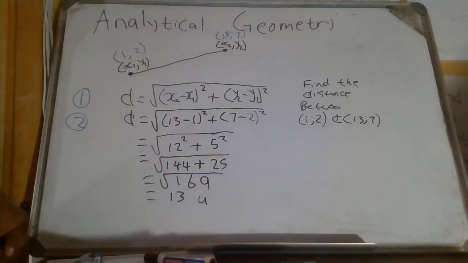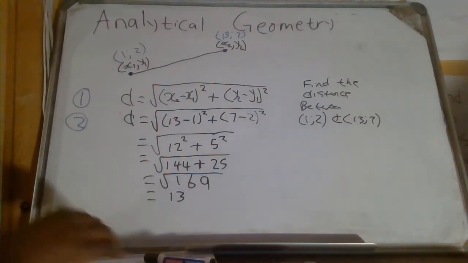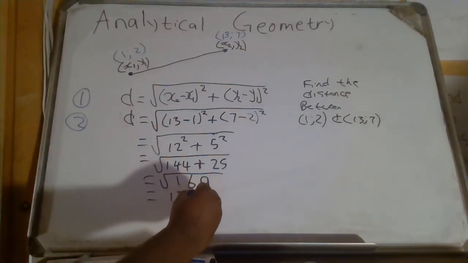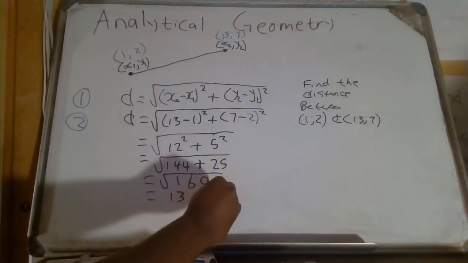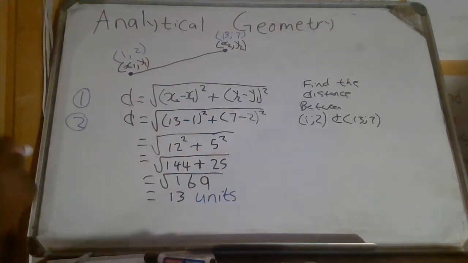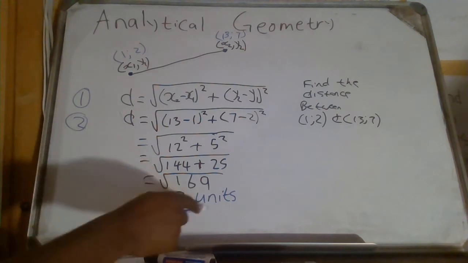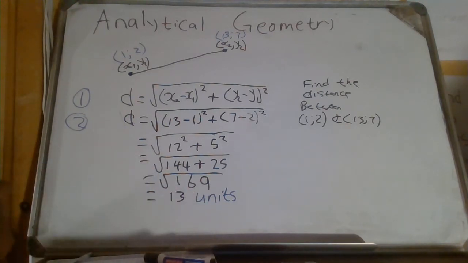Let me actually write with a different color so that this thing will be clear. It's 13 units. If this was in centimeter, then this would be centimeter. If it was kilometer, it would be kilometer.